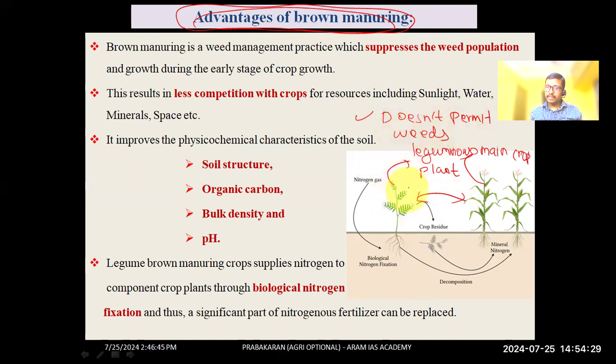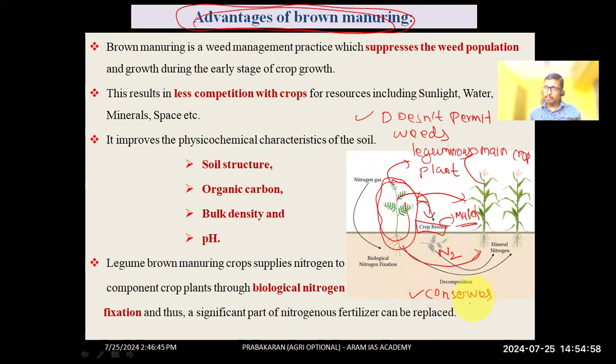The second point is that we were using a leguminous crop, so it will supply the nitrogen content to plants. After herbicide application, this plant will die and the crop residue will serve as natural mulch. The mulch conserves the moisture.